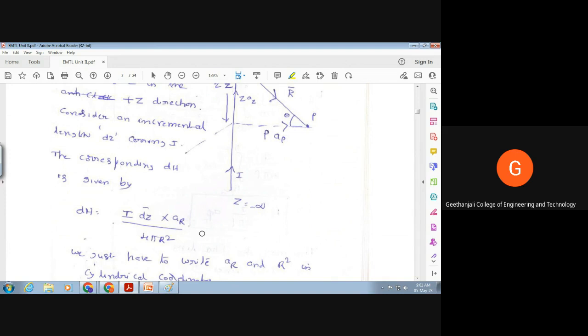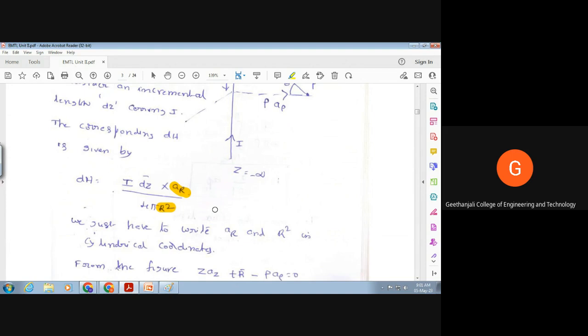Because we ultimately want an expression in cylindrical coordinates, we need to express this R square and the unit vector a R in cylindrical coordinates. That means R in terms of rho, phi, z and the unit vector a R in terms of a rho, a phi, a z.